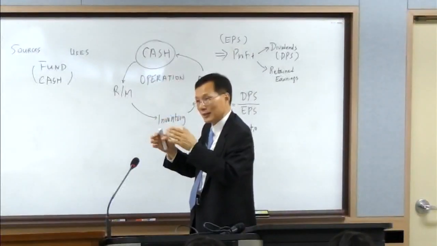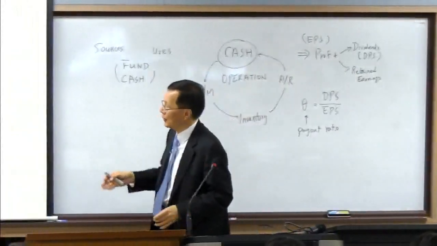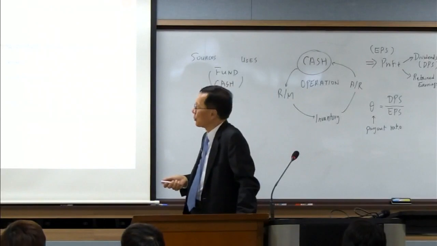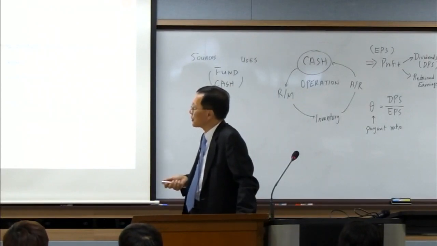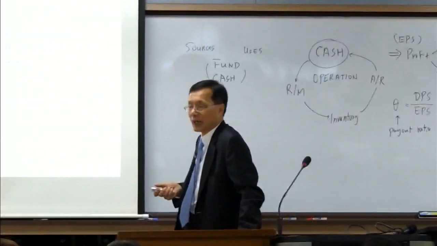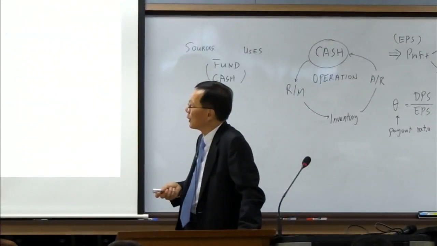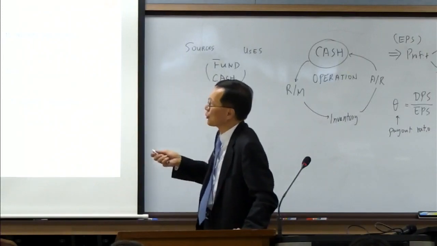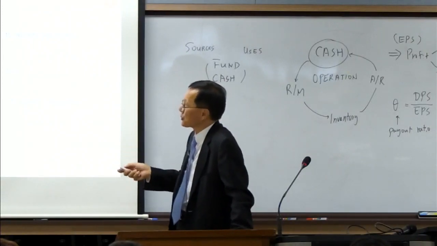Other current liabilities work in the same way. Common stock: issuance of common stock also brings in additional capital, additional cash to the firm.